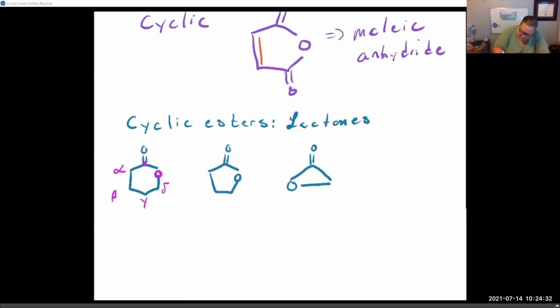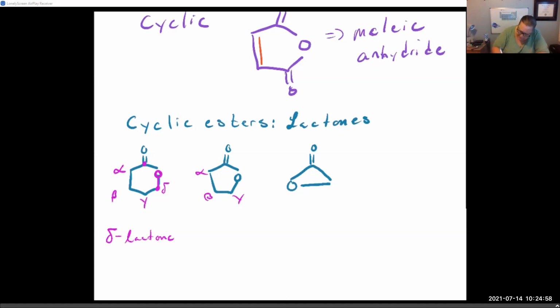Since the oxygen atom is attached to the delta carbon, this is called a delta lactone. And what would the 5-membered ring one be called? Yeah, exactly. It's gamma.